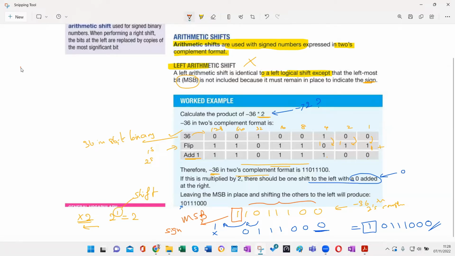So let me write this again. 1, 0, 1, 1, 1, 0, 0, 0. And let's put the positional values: 1, 2, 4, 8, 16, 32, 64, 128.